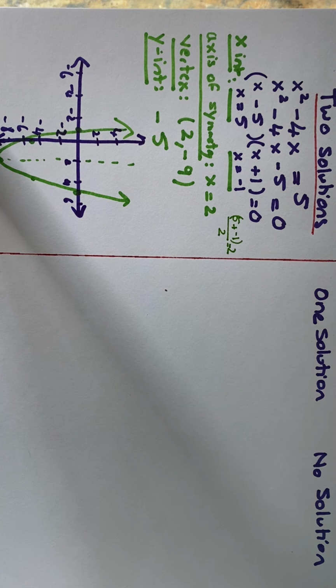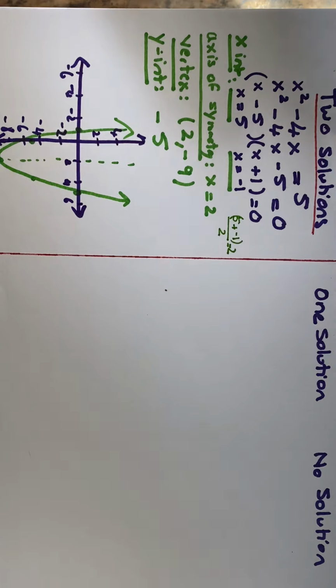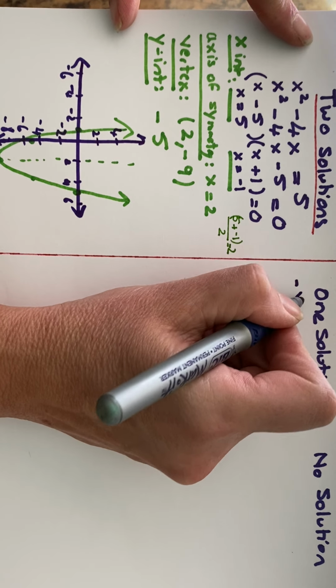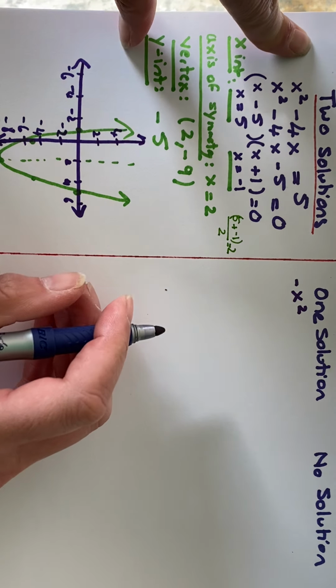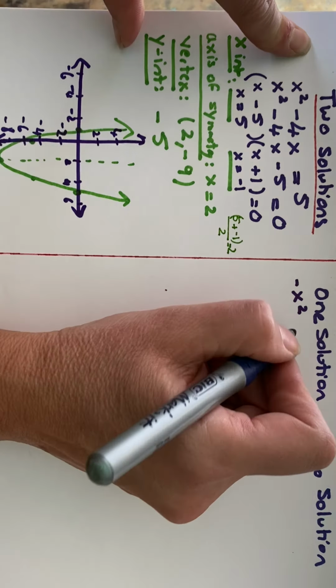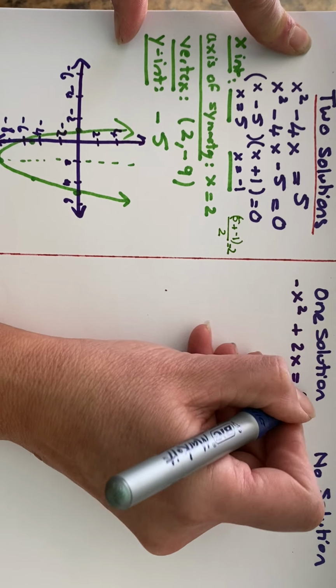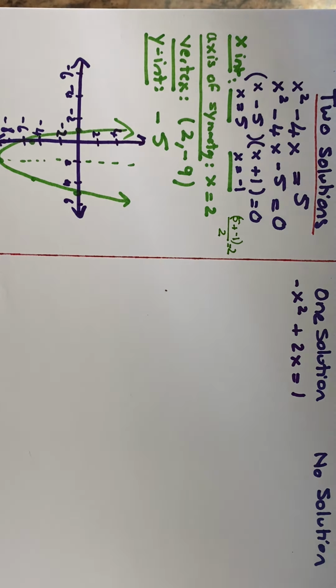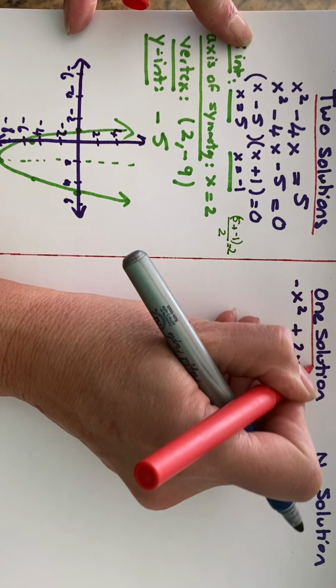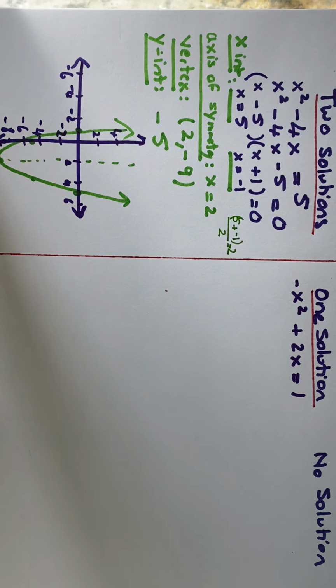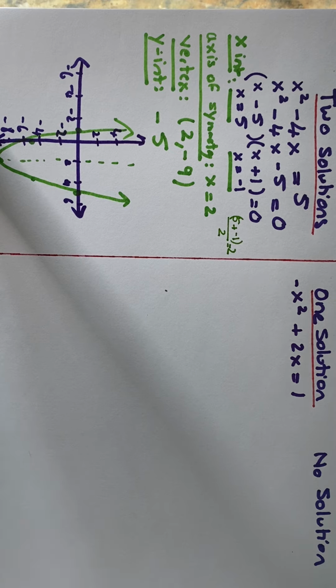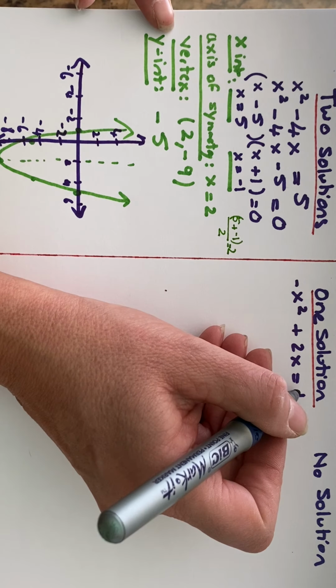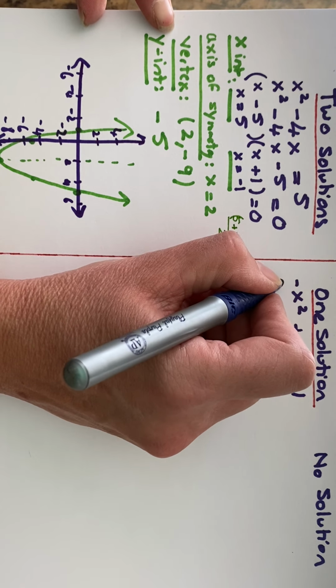Well, let me start with an equation. -x² plus 2x equals 1. Well, again, I am going to have to move this one over to set it equal to 0. So that's my first step.